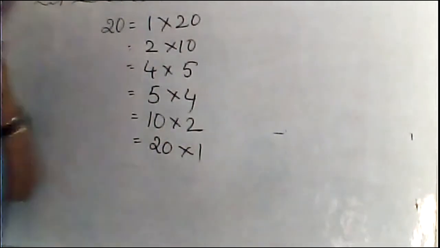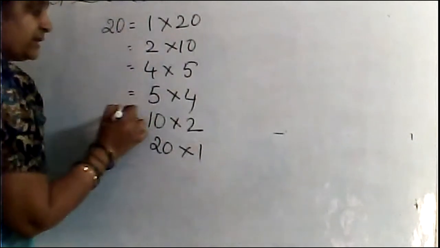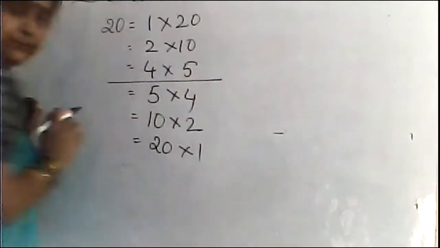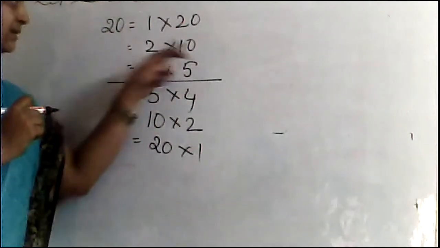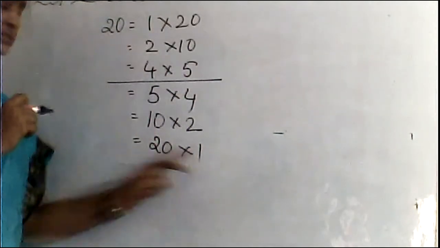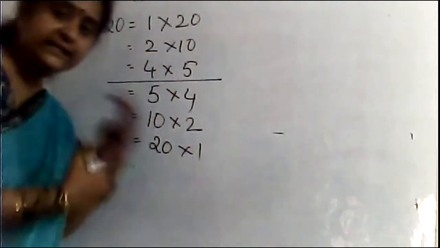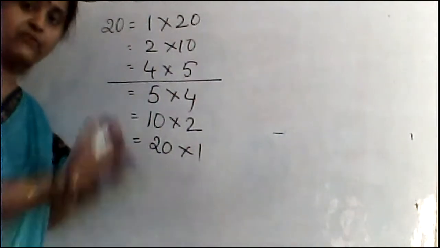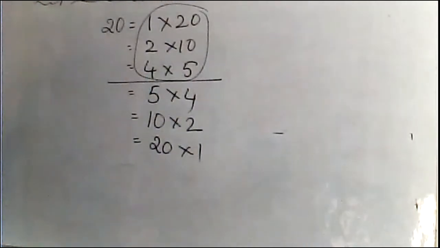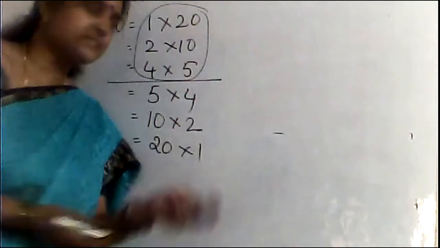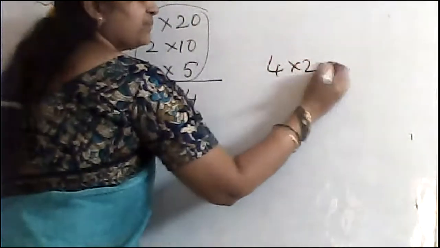So if you observe one thing, ma'am, after a particular point, the numbers reverse. See here: 5 fours, 10 twos, 20 ones. So when you are getting the repetition, we can stop. Why? Because in multiplication, the commutative property is there. 4 into 2 is nothing but 2 into 4.